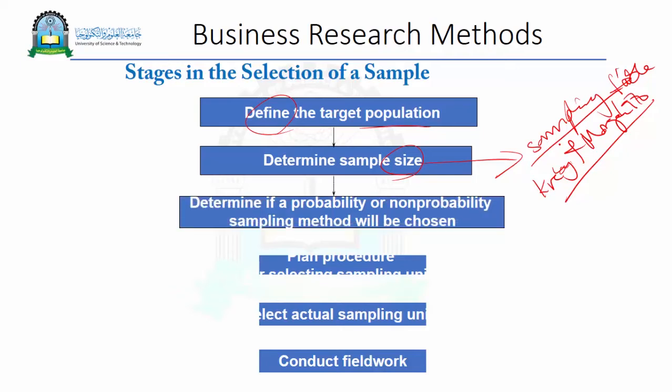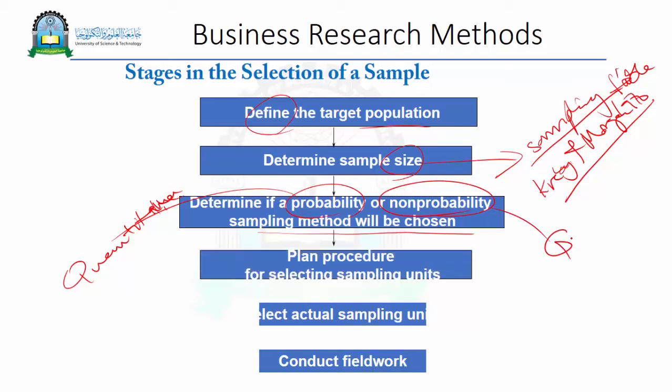The third thing is to determine the probability or non-probability sampling method that will be chosen. So either you go for probability or for non-probability. Mostly for quantitative research, we go for probability, and for qualitative research we go for non-probability sampling.